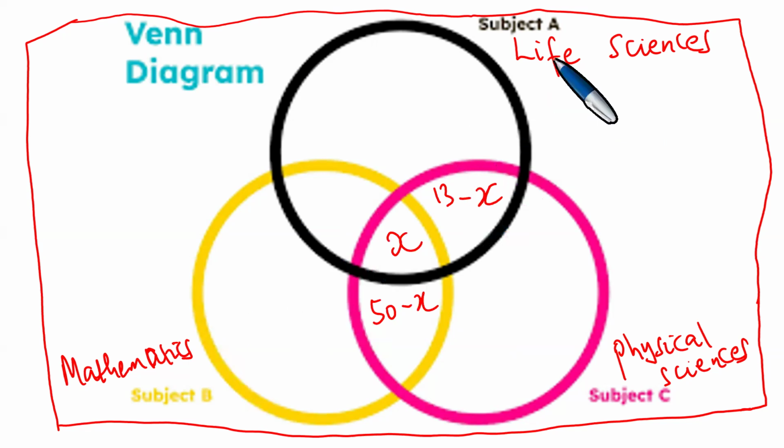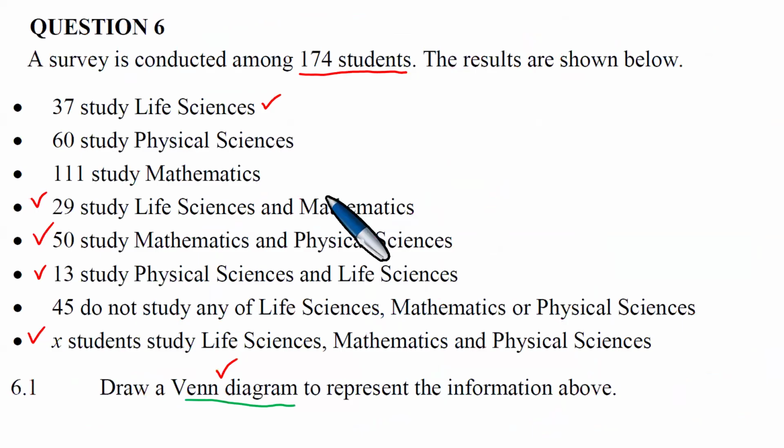Life sciences and mathematics, there are 29. So that those who study mathematics and life sciences are 29 minus X. So we have catered for the 29.